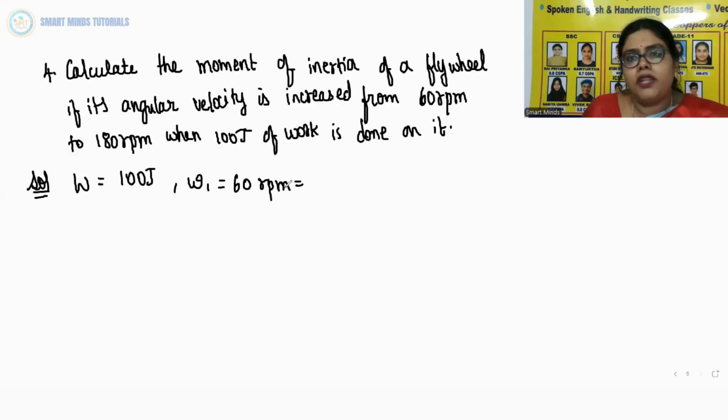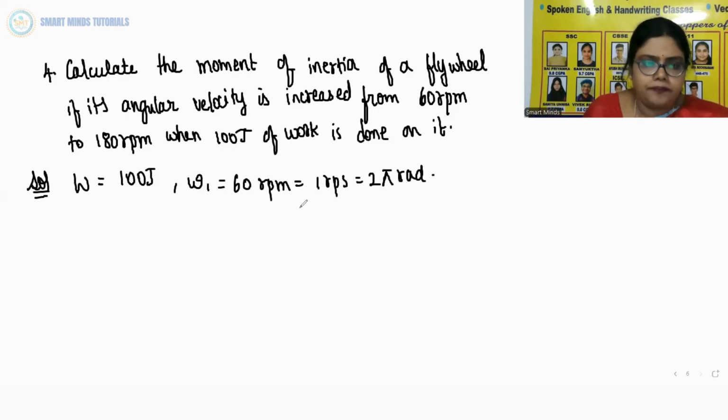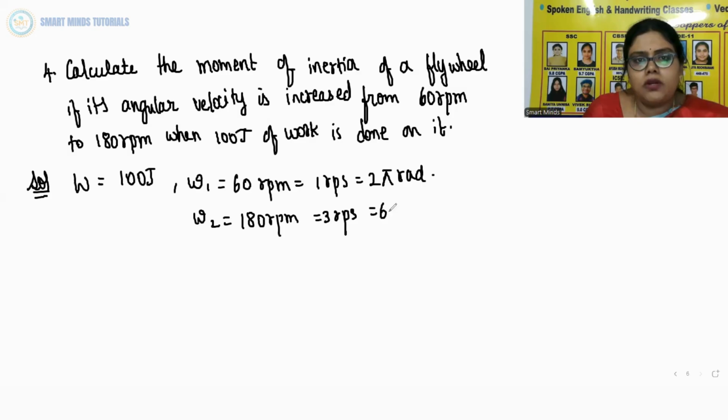And we are converting rpm to rps, that is minute to second. So 60 rpm is 1 rps, and that is 2 pi radians. The same way omega 2 is 180 rpm, that is 3 rps, which is equal to 6 pi radian.